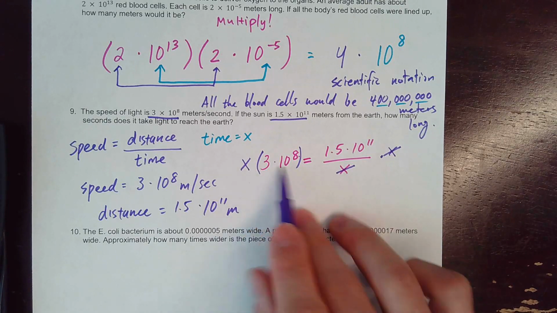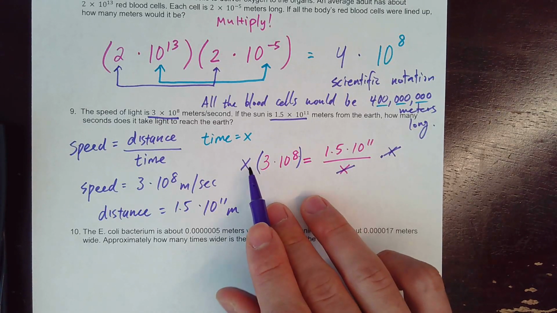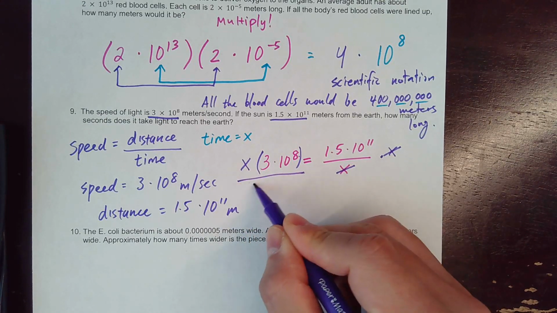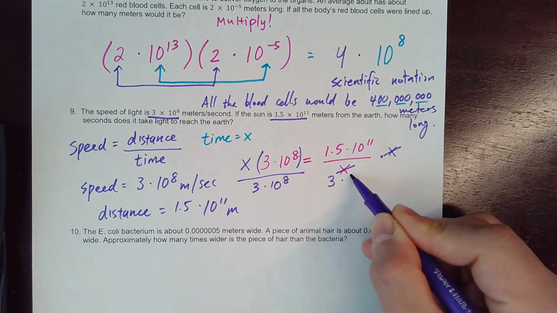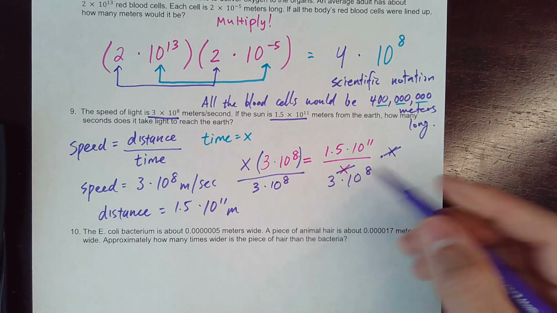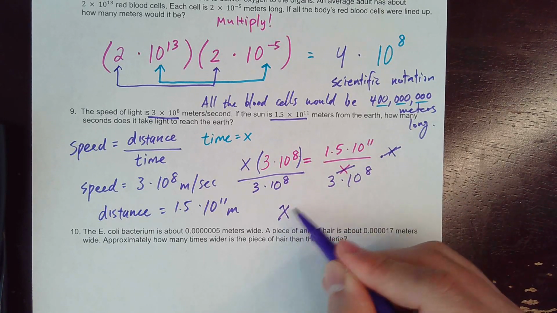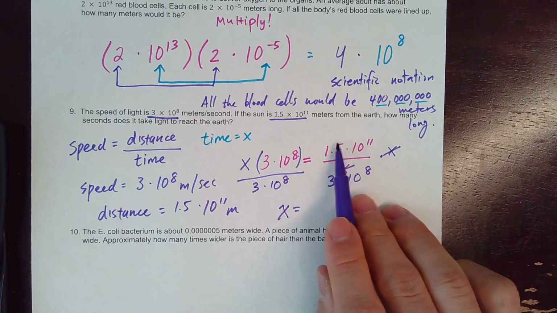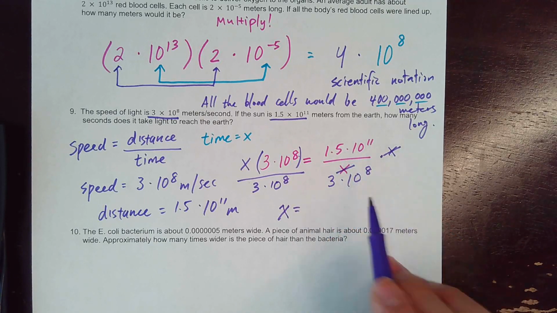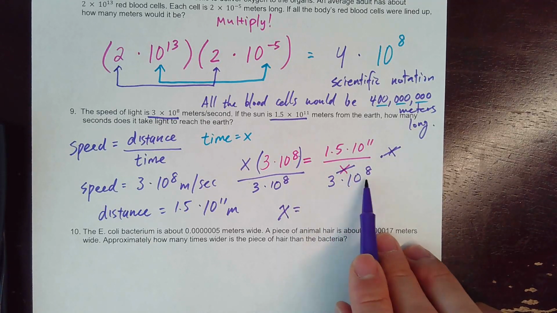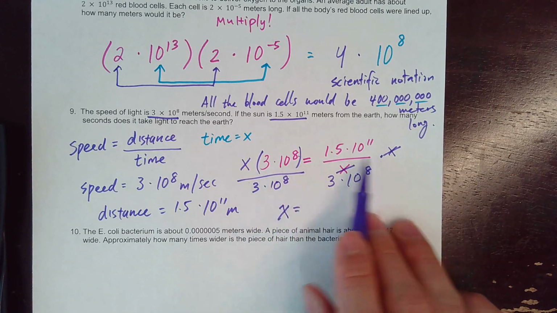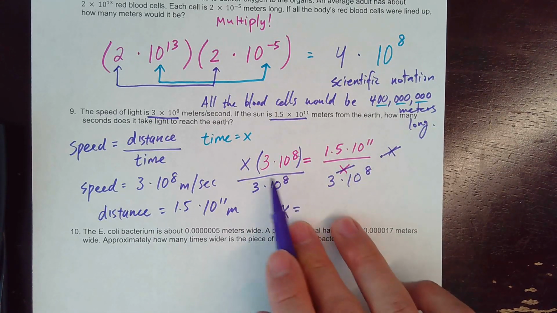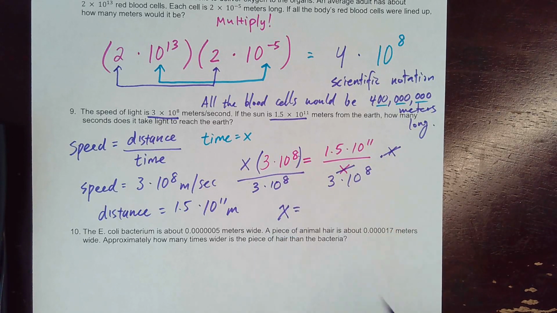Okay, so our goal is to isolate x. The x is on the left side, so I'm going to have to divide both sides by 3 times 10 to the 8th. Right? And then x is going to equal 1.5 times 10 to the 11 divided by 3 times 10 to the 8th. That was a huge process, but just remember I multiplied both sides by x, and then I divided both sides by 3 times 10 to the 8th.